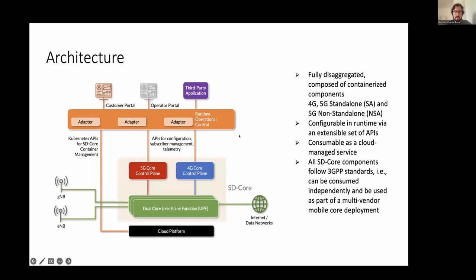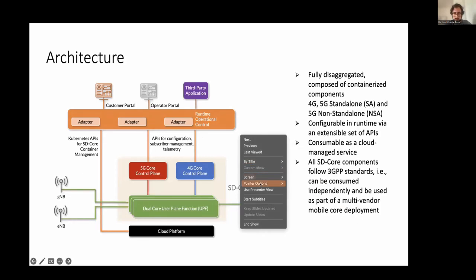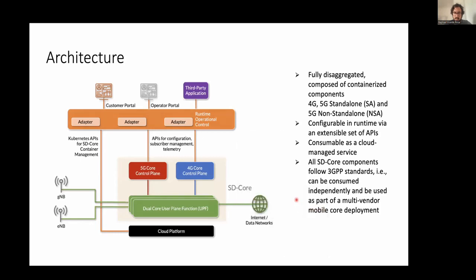The architecture of the project provides two control planes, one option for 4G and another one for 5G, and the implementation of a dual core user plane function. It means that the UPF function can be attached to a 4G or a 5G core control plane.